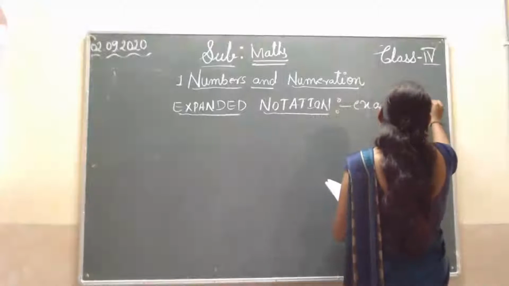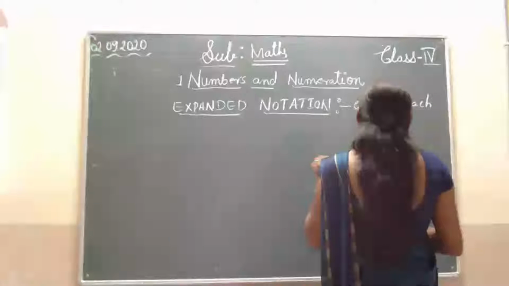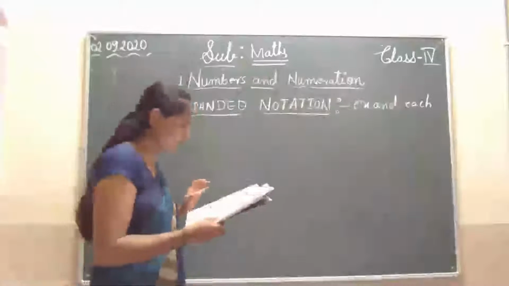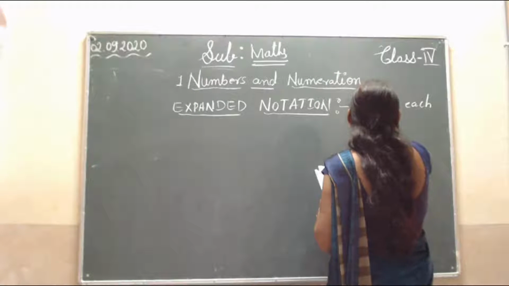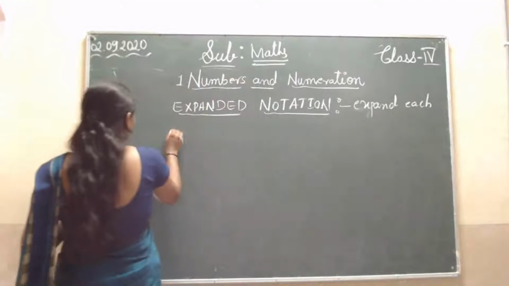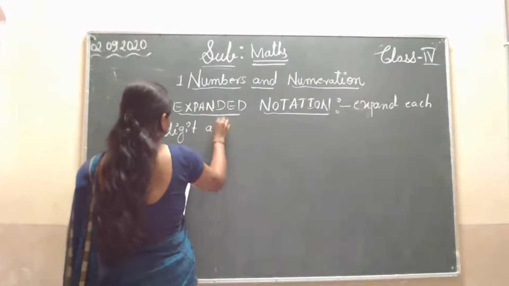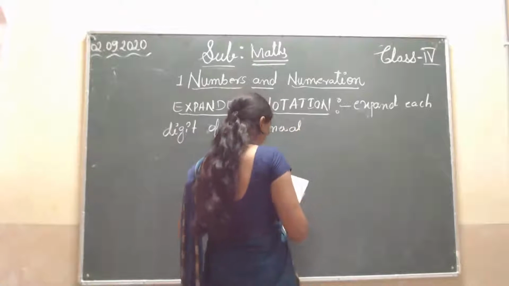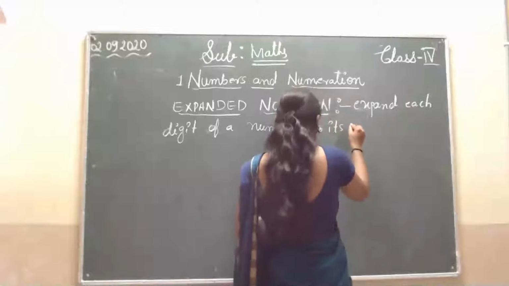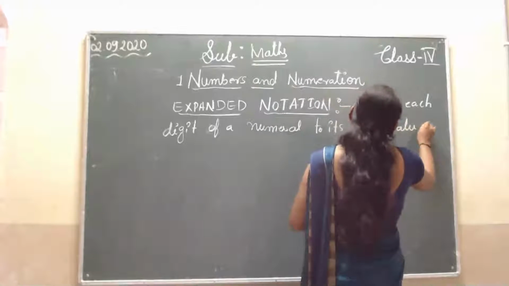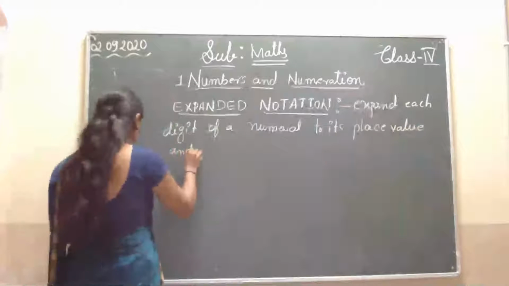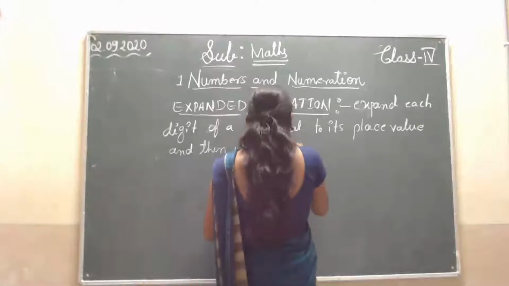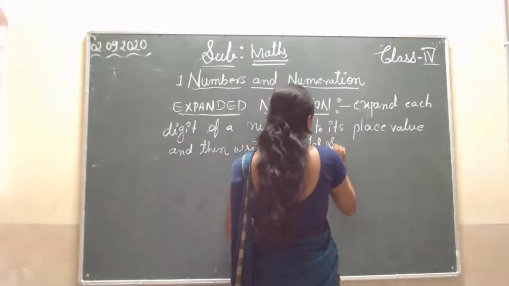Expanded notation means expanding each digit of a numeral to its place value, using multiples of the place value, and then writing the total sum.